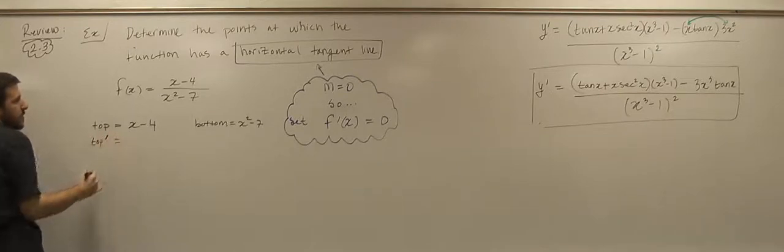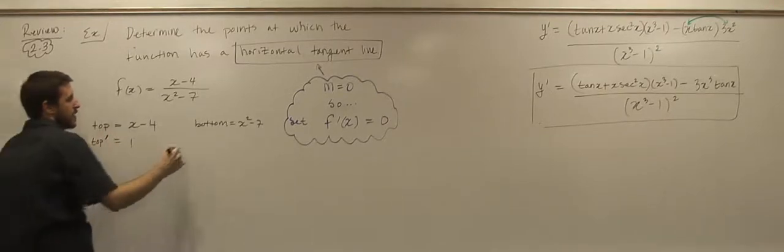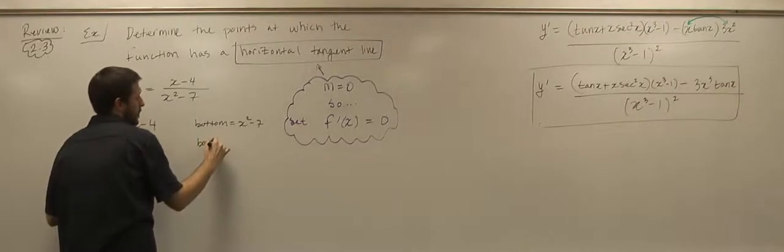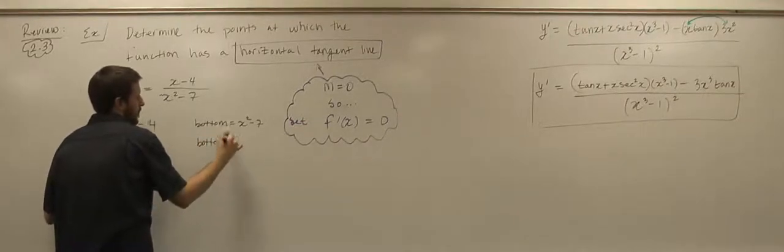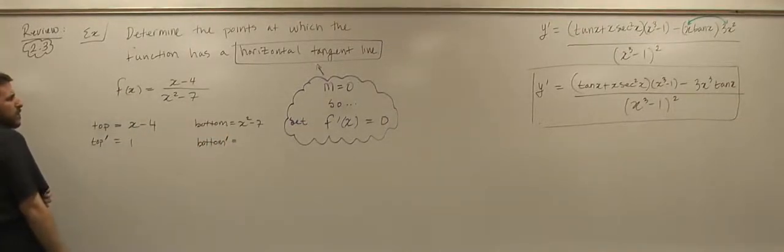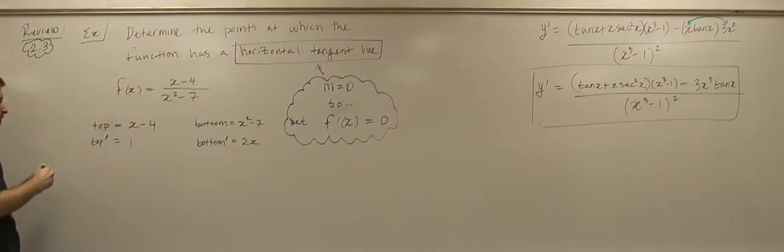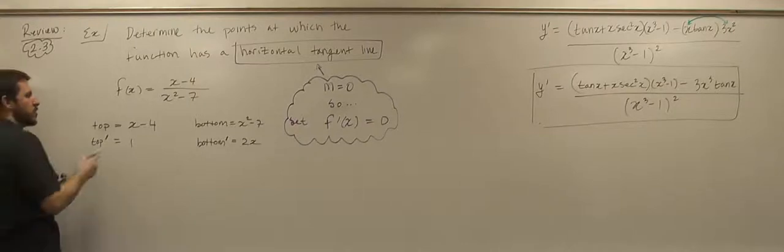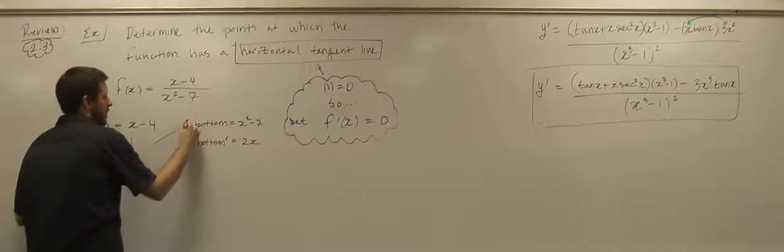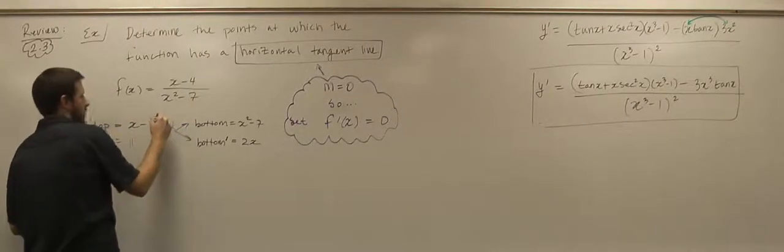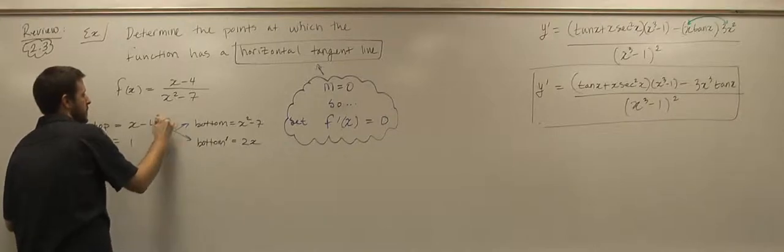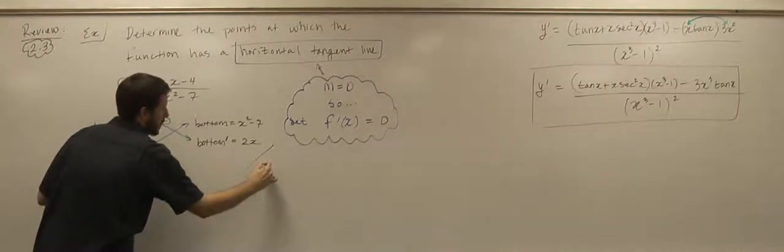Derivative of the top, just 1. Derivative of the bottom, 2x. So the way my quotient rule works to find f prime, I multiply my diagonals, subtract, and then divide by the bottom square.